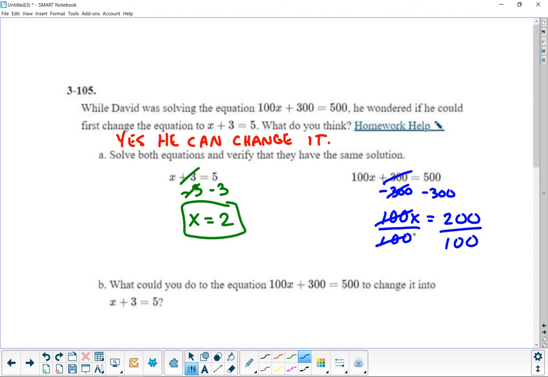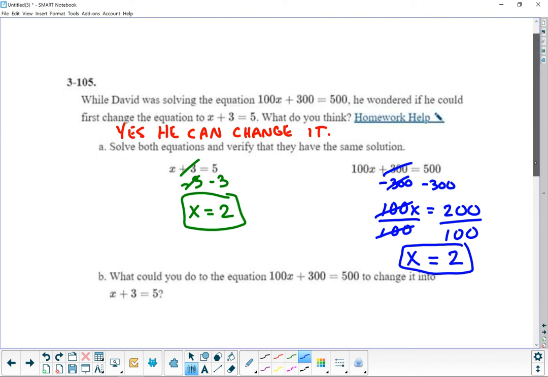So 100 divided by 100 makes a big 1, and you get x as your simplified side. And on the right hand side, you get 200 divided by 100, and we know that makes 2. So if we look at both our answers, yes. Of course he can change it to the green equation because they're the same answers. So that means that they are equivalent to each other.